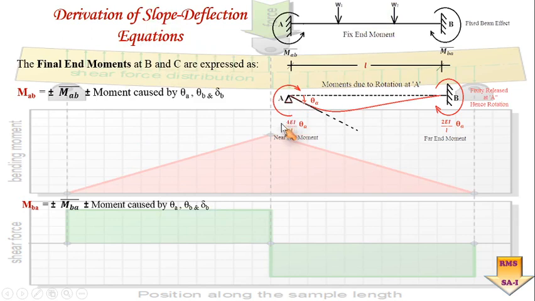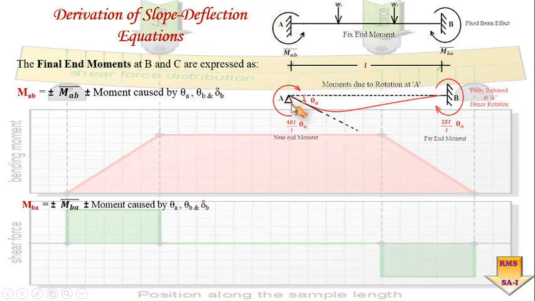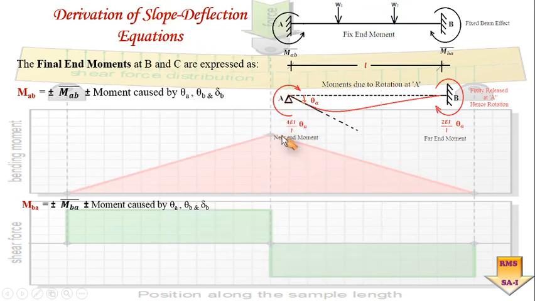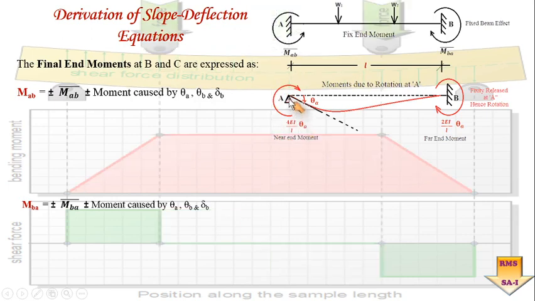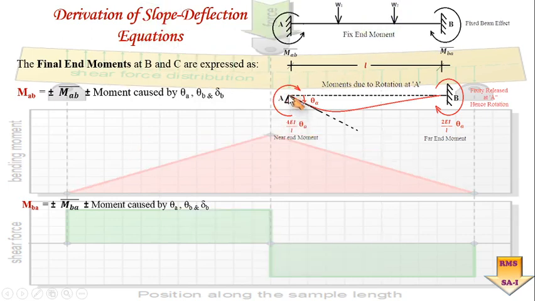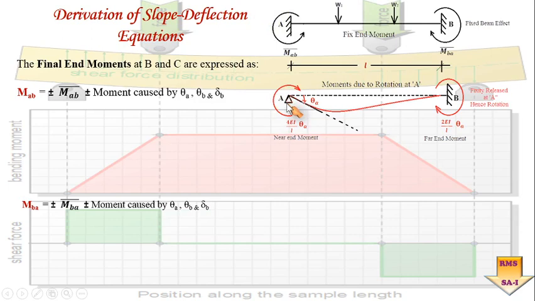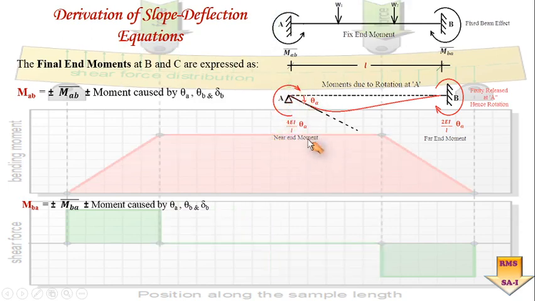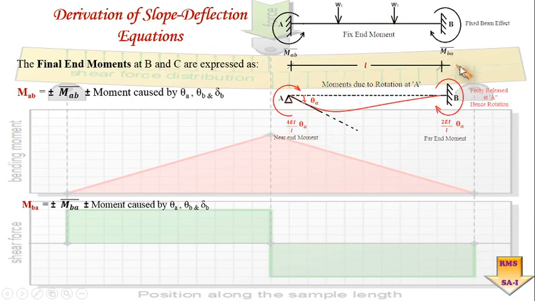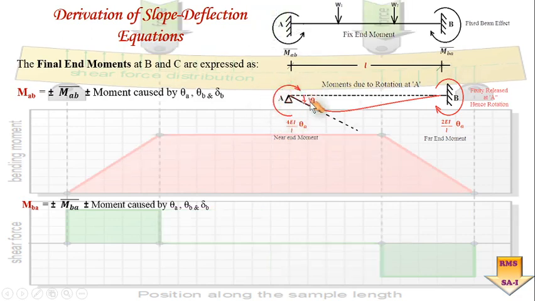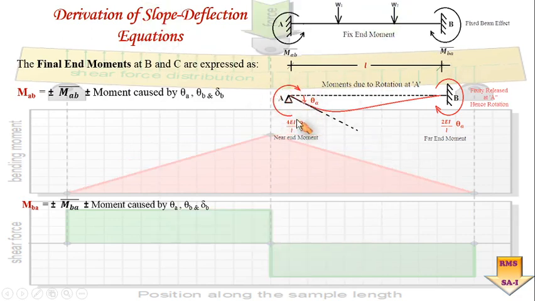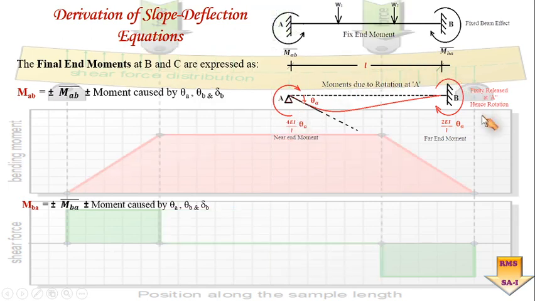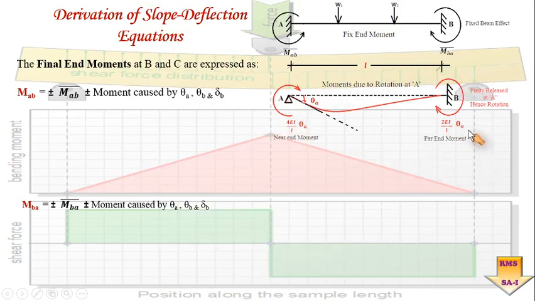The moment near the point under consideration, that is point A, caused due to this displacement is called the near end moment, and the moment caused due to the rotation about point A has been distributed to the far end, and that is called the far end moment.